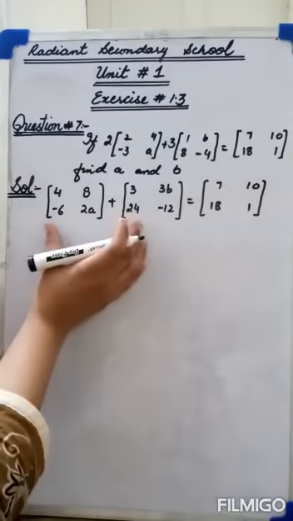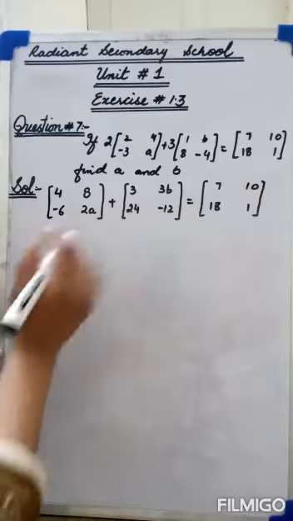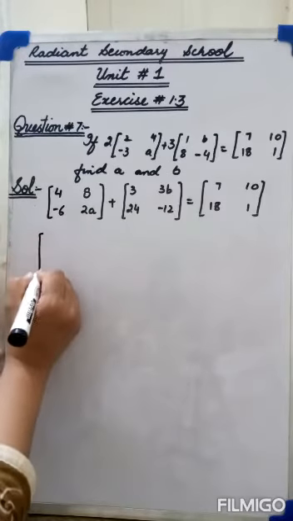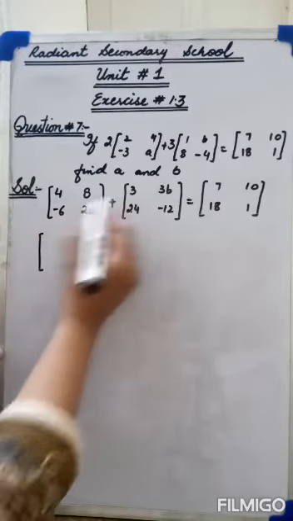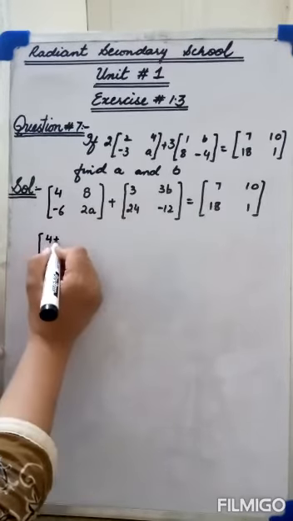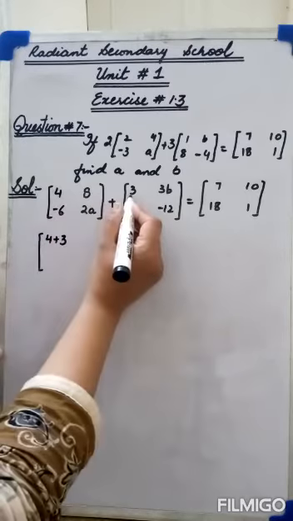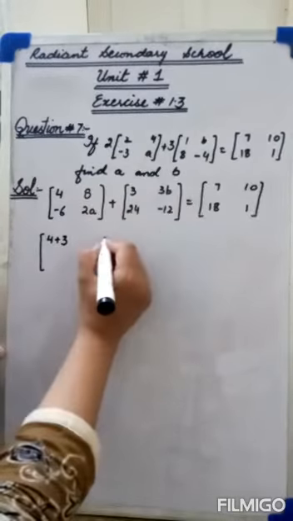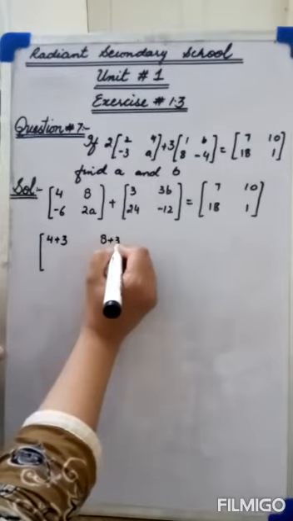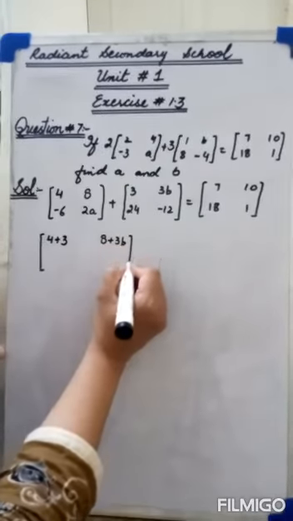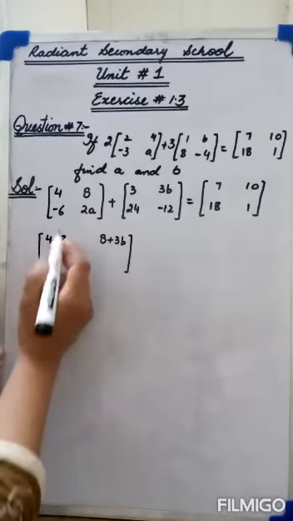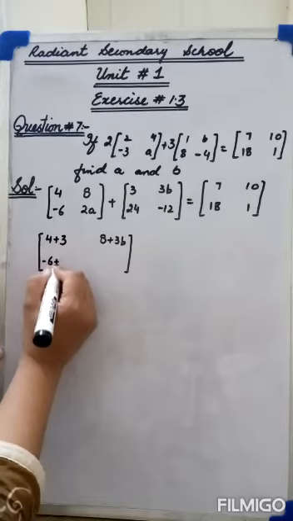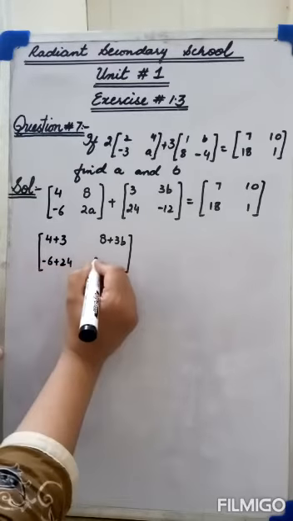Okay, now these two matrices are being added, so we will add their corresponding entries. 4 plus 3: 4 will be added to 3 because of the corresponding entry. Similarly, 8 will be added with 3b, 8 plus 3b. Next, minus 6 plus 24.